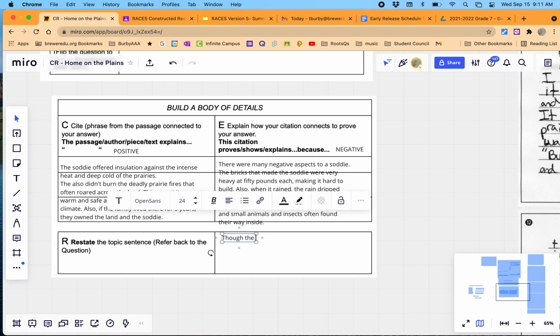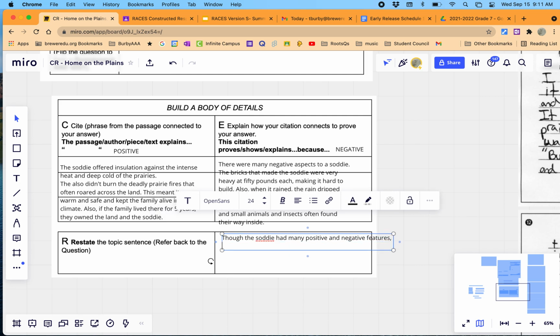Though the soddy had many positive and negative features, it was a house made of free materials, and if you could manage to live in it for 5 years, you owned 160 acres of prime farmland. And I think that's pretty good.